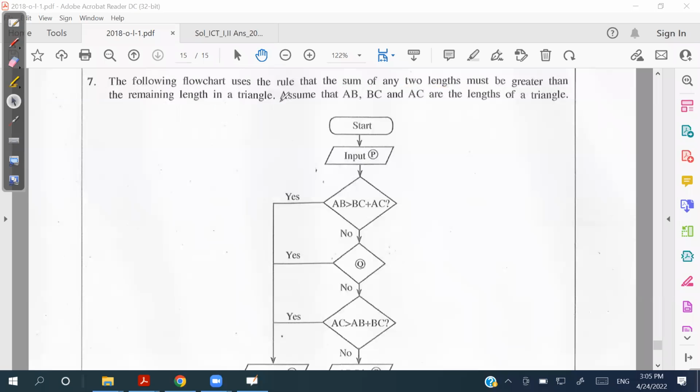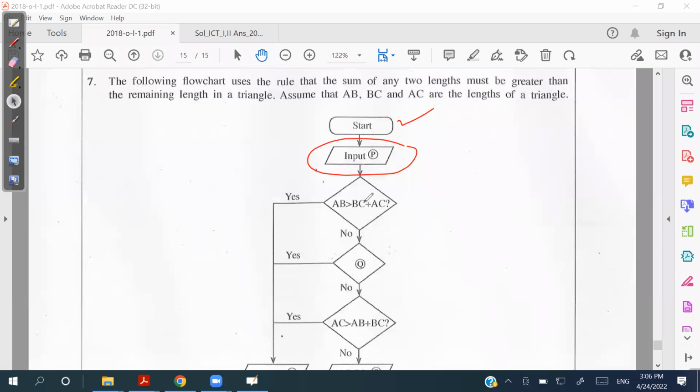That means when it comes to the flowchart, the inputs that they want are the particular lengths of the triangle. They need these three lengths of the triangle, right?